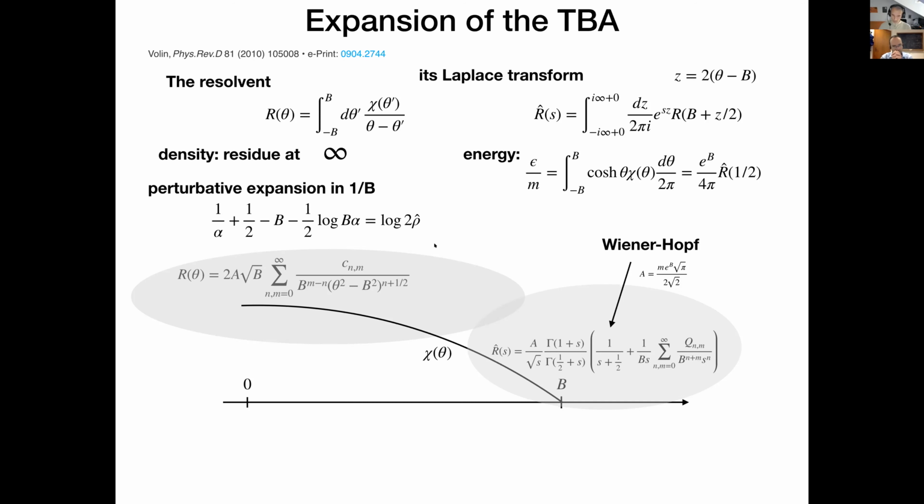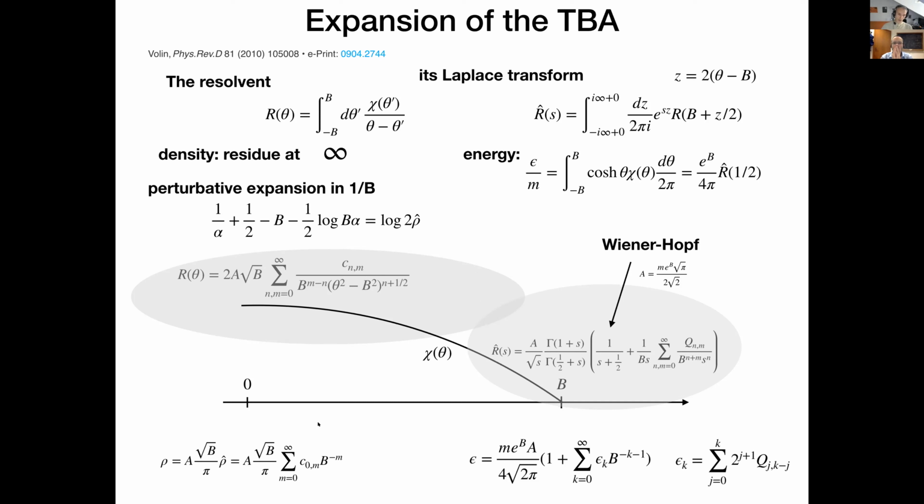So coming back to this matching procedure, what was the breakthrough Dima made is that instead of solving any equation, just take these two ansatz, match these two ansatz, and then you can determine both C and Q coefficients. If you determine the C coefficients, then you can calculate rho. If you determine the Q coefficients, you can determine this epsilon.